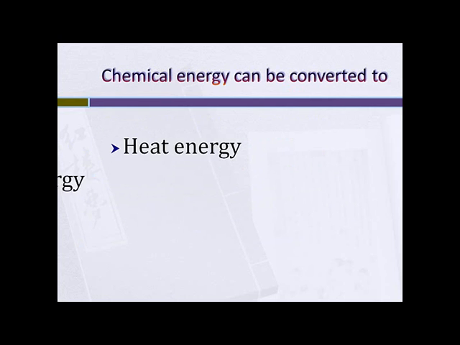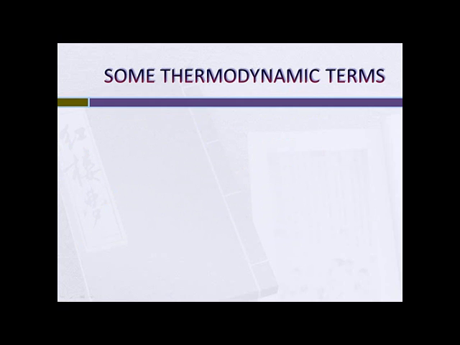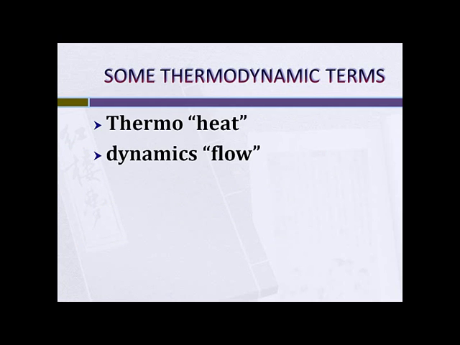Now, chemical energy can be converted into heat energy, it can be converted into mechanical energy, and indeed electrical energy, and we will get into that much later in the course in the concepts of oxidation and reduction. We're using a few thermodynamic terms. Thermo is heat, dynamics is flow, and heat flow is what this whole thing is all about.